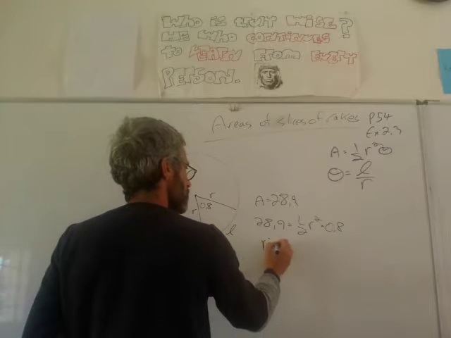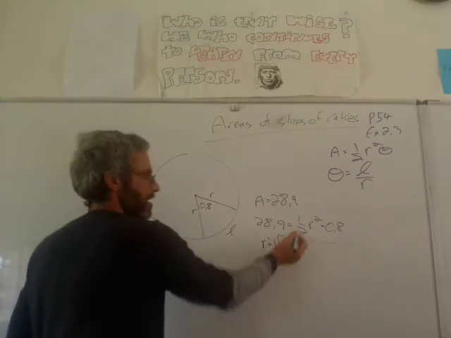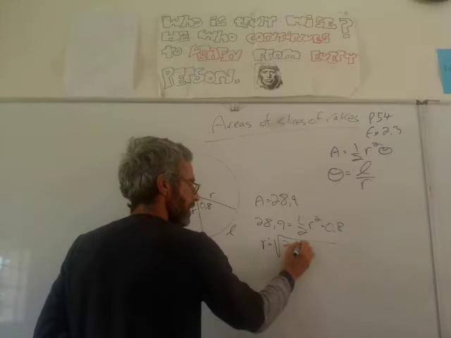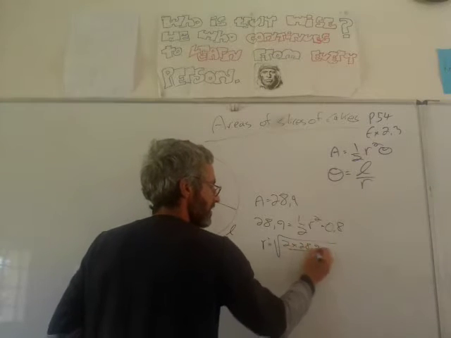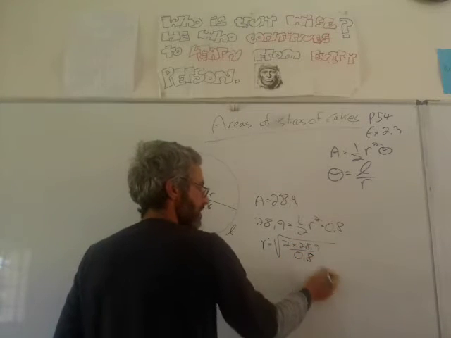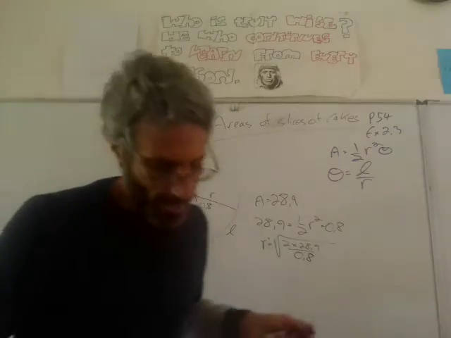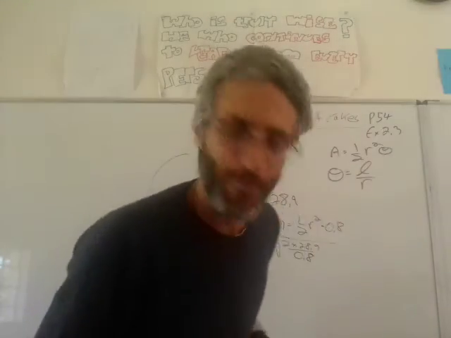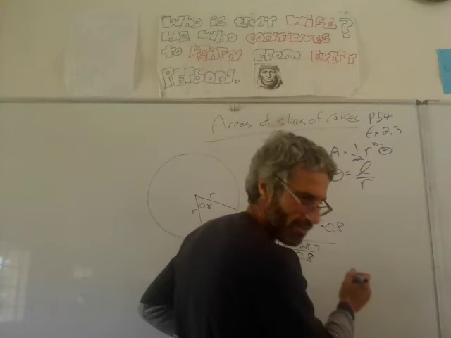Rearranging, r equals the square root of 2 times 28.9 divided by 0.8, and you get an answer. I picked the example from the book, so it's 8.5.